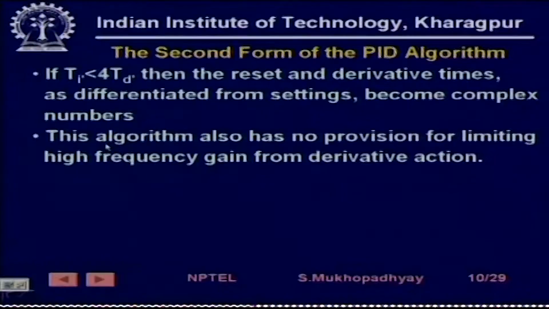On the other hand, the second form does not have that 1 plus denominator with the derivative term. That denominator is actually used for limiting the derivative gains, as we have pointed out earlier, because the sensor signal may contain noise, and then the derivative will give you very noisy signals. If you try to differentiate noisy signals, we get very noisy signals.